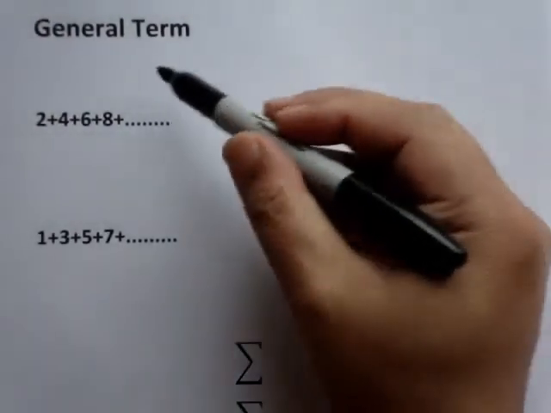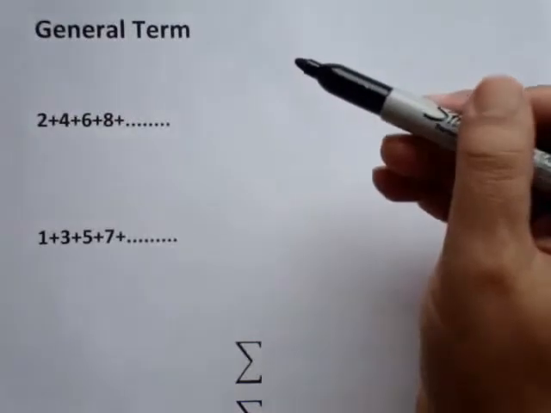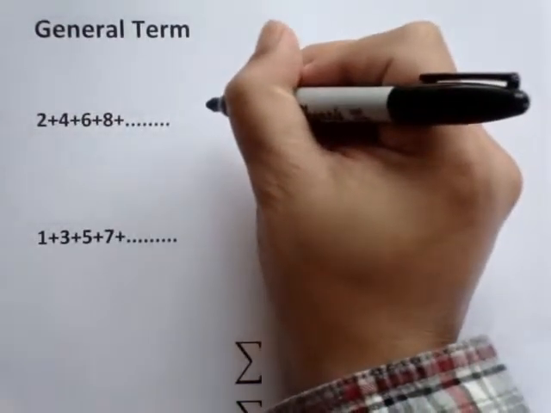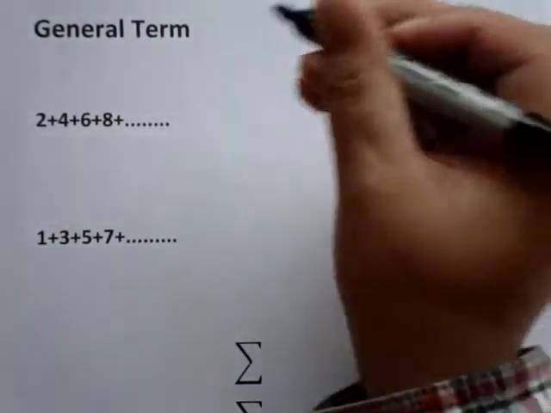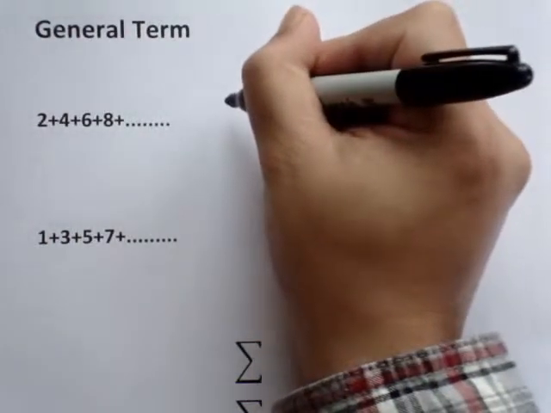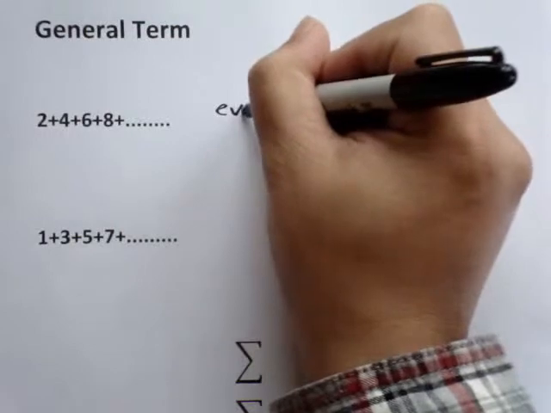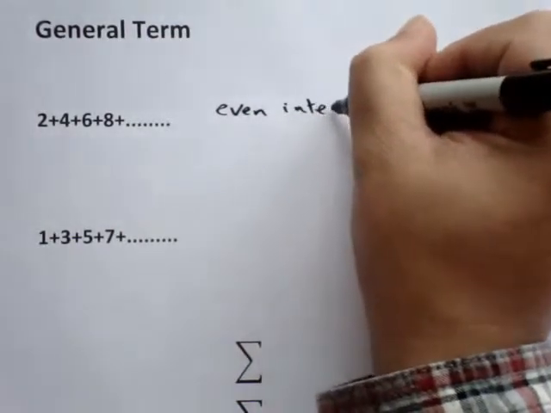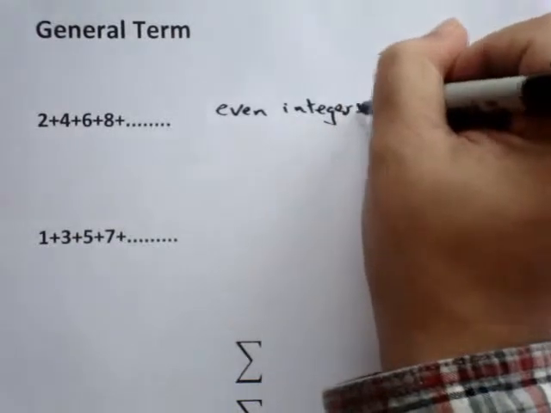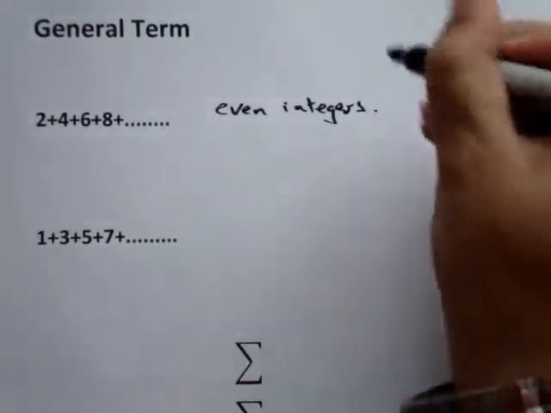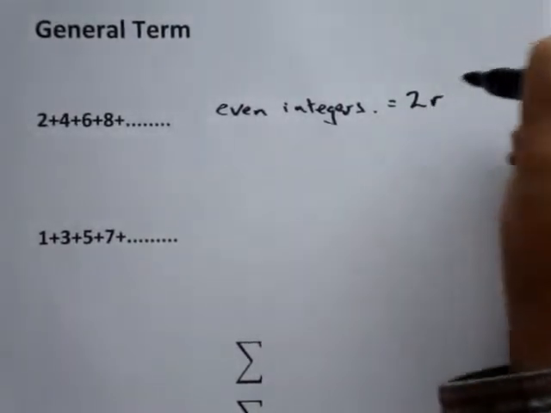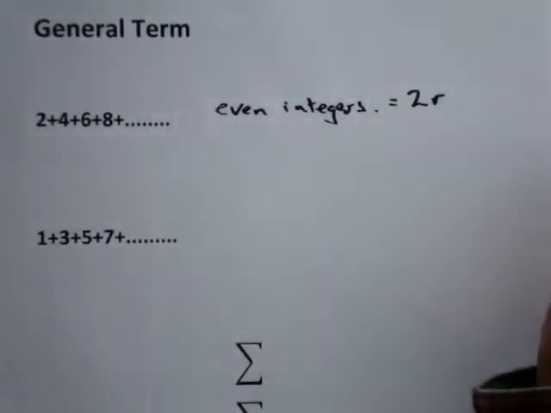Okay, so we've been talking about the general term, so let's have a look at that. So in this series, 2 plus 4 plus 6 plus 8 and so on, every integer is divisible by 2. So the even integers we can write as 2r, where r is some integer.